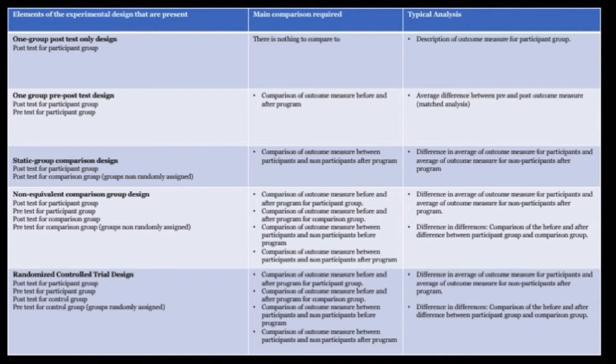This comparison group. You can compare the outcome measures for participants versus the comparison group before the intervention, and you can compare the outcome measure for participants and the comparison group after the intervention. So you can do 4 different types of comparisons here.